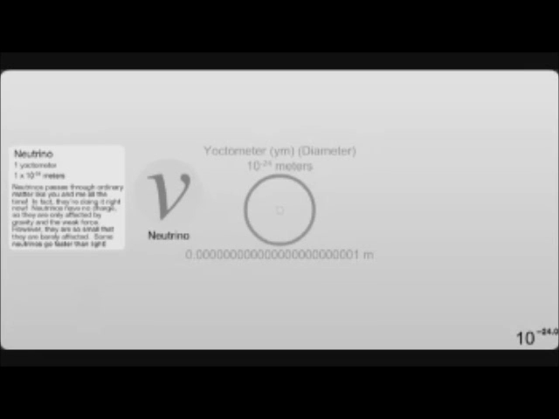In fact, they're doing it right now. Neutrinos have no charge, so they are only affected by gravity, and that is a weak force in comparison. However, they are so small that they are barely affected. Some neutrinos go faster than light.